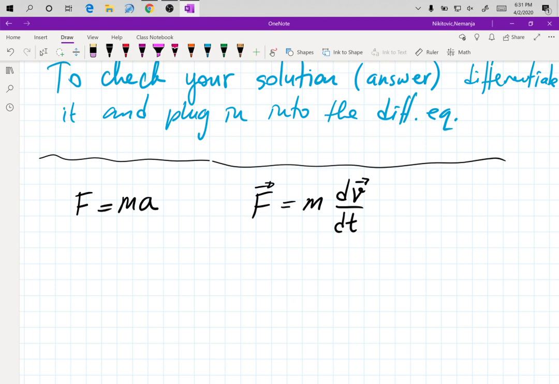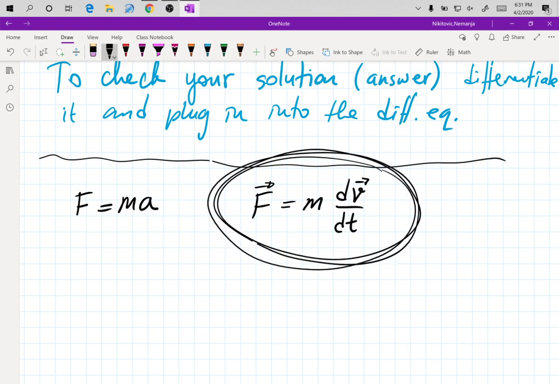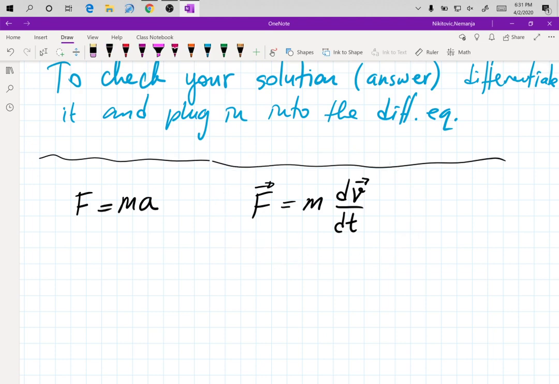So when you take a look at this differential equation over here, you have the derivative of velocity. This derivative of velocity tells you that your speed changes in time. Change of speed in time is called acceleration. So in your car, you have two acceleration pedals. There is the gas, plus acceleration, and there are the brakes, minus acceleration. Why? Because both of them are changing the speed, right?